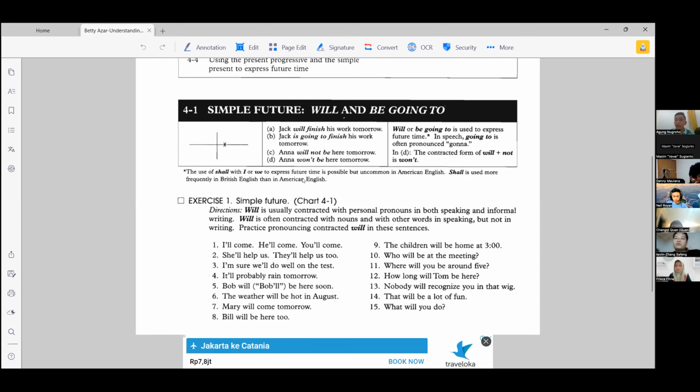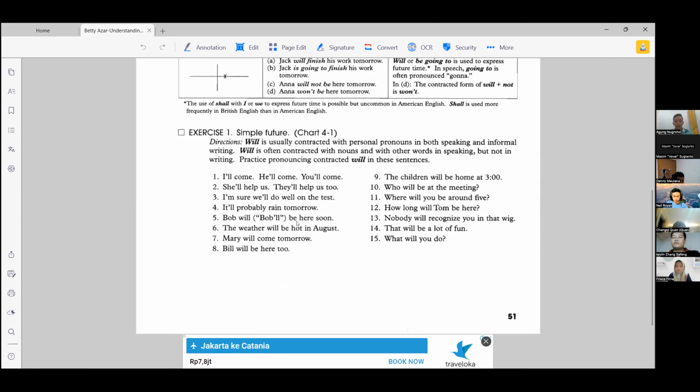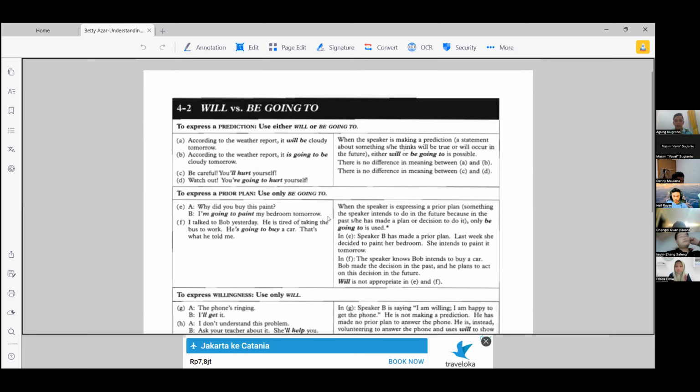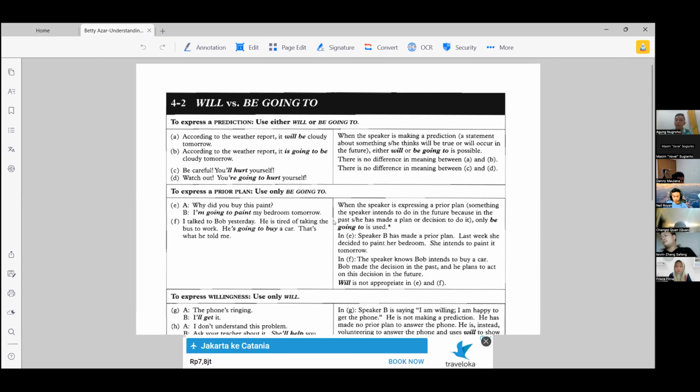Okay. But as a grammar rule, you're welcome to use will and shall. You can exchange both, as long as the plus verb 1 is the one that you use after that.